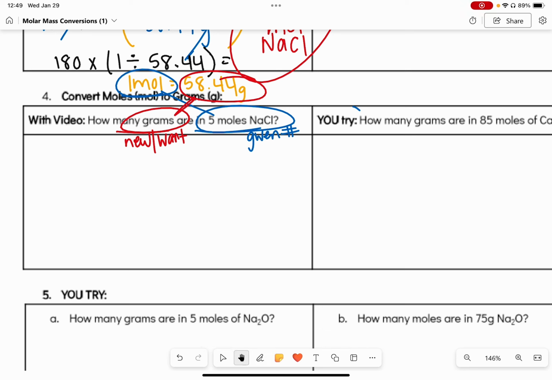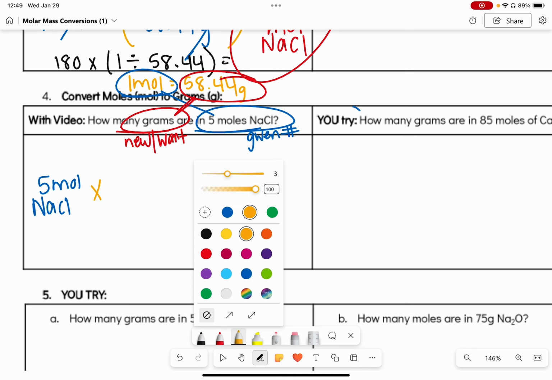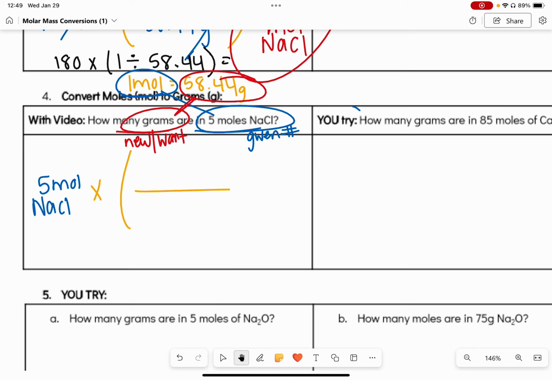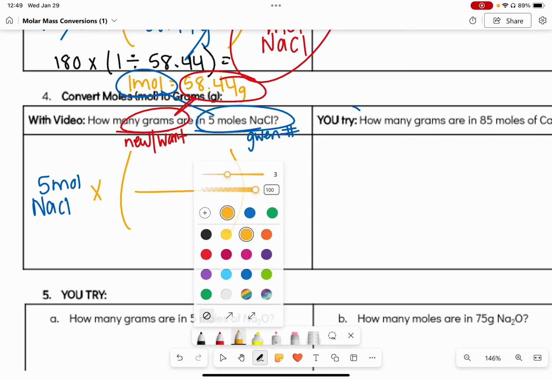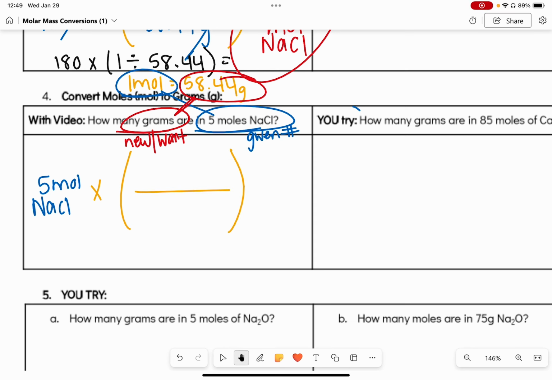And now I can put it all into our conversion formula. So I'm going to start with the number they gave us, 5 moles NaCl, and I'm going to multiply that by my conversion factor. I'm going to use the numbers for my conversion factor in the parentheses.